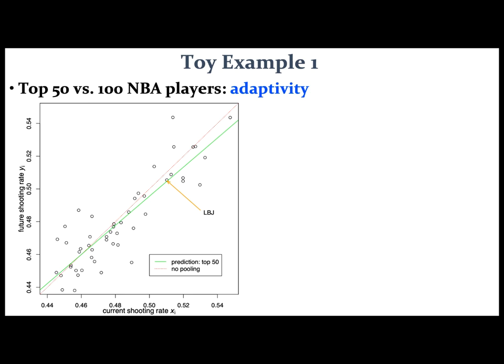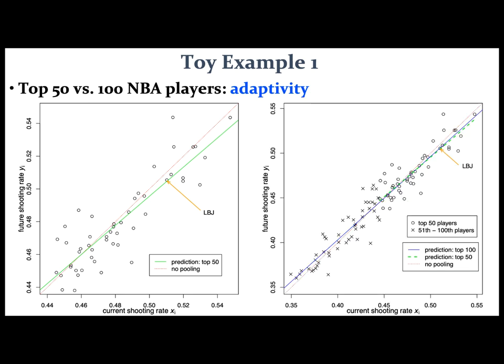So would I still suffer that problem? This plot shows I keep those top 50 players, the circles, the same as on the left plot. The cross signs are the next 50 players.